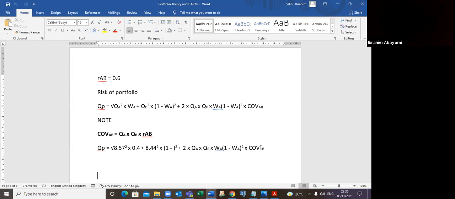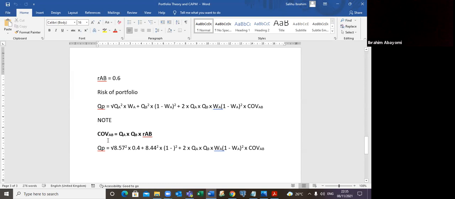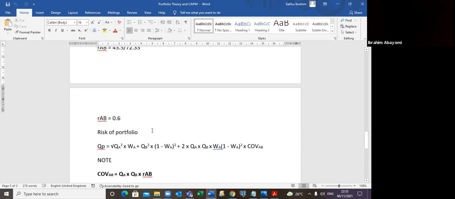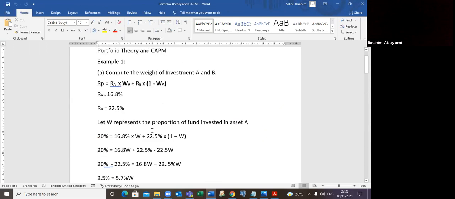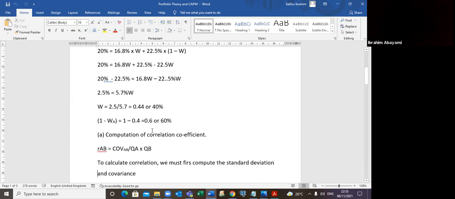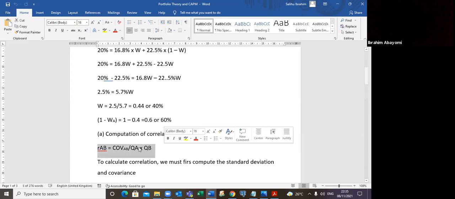I said we have two formulas for computing covariance yesterday. And one of the formulas is this. That formula was gotten from here.